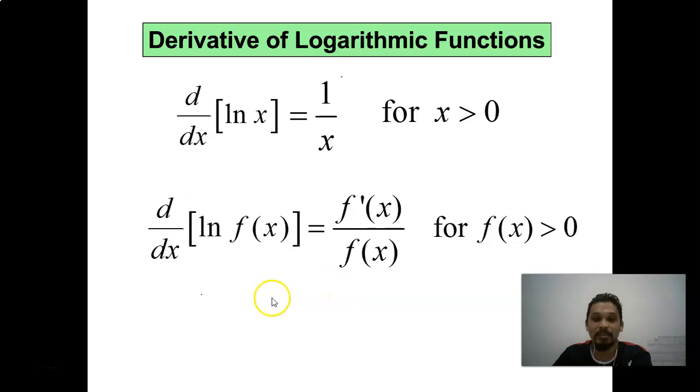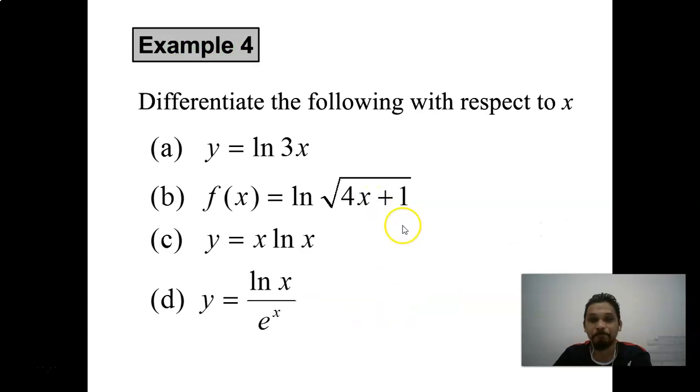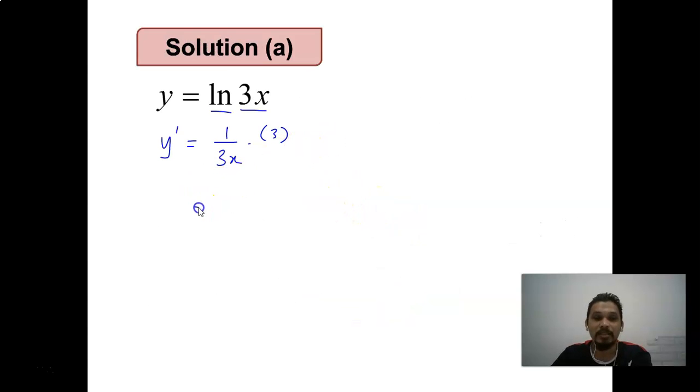So it's just like the derivative of ln equals 1 over f(x), then the derivative of f(x) with respect to x gives you f prime x. So here, 3 divided by 3 is 1 over x.